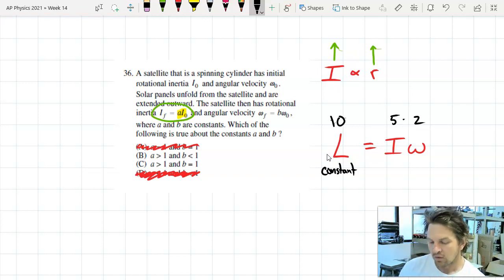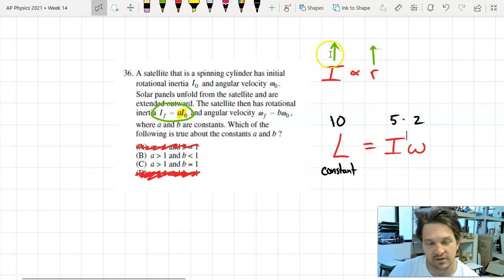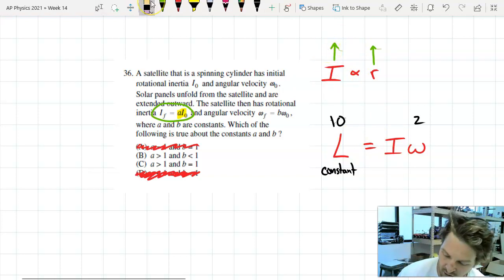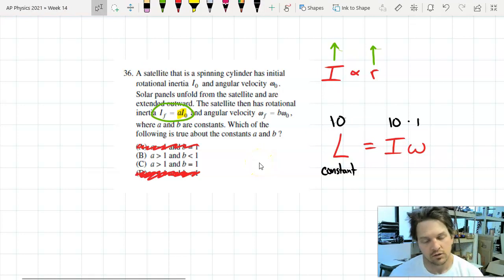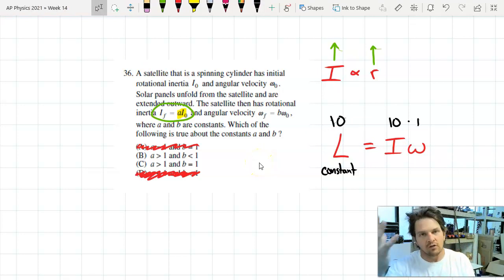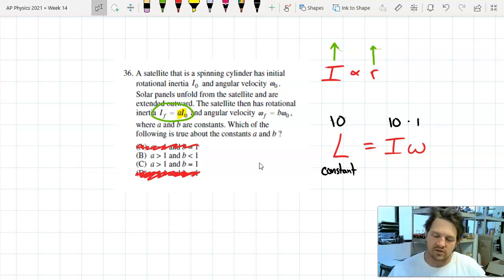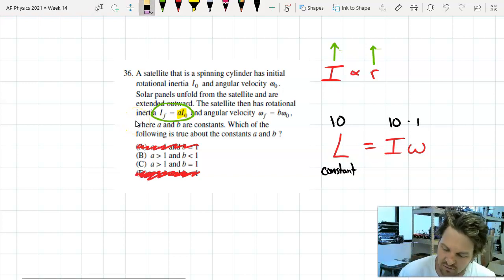But now the rotational inertia has increased, maybe to 10. Well, that means we have to decrease omega to 1 to make that work. So you kind of see how if one goes up, the other goes down. There's always this balancing act to make sure everything stays conserved.